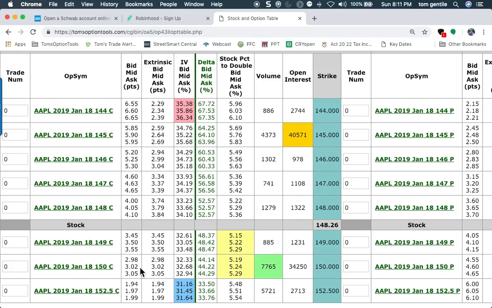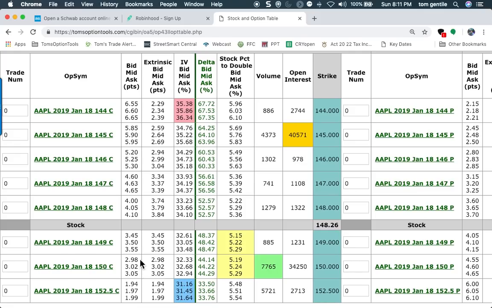All right, gives me an idea of how far off we want to be as buyers or as sellers. So again, the bid is the current price that you can sell the option for at the market. The offer is the current price you can buy the option for at the market, and that mid price just gives me an idea of what the option is fairly valued at that time. All right, so that's the one thing I look at.